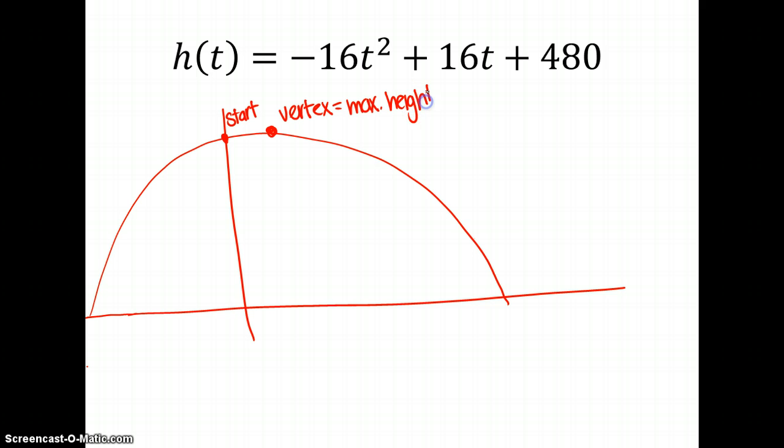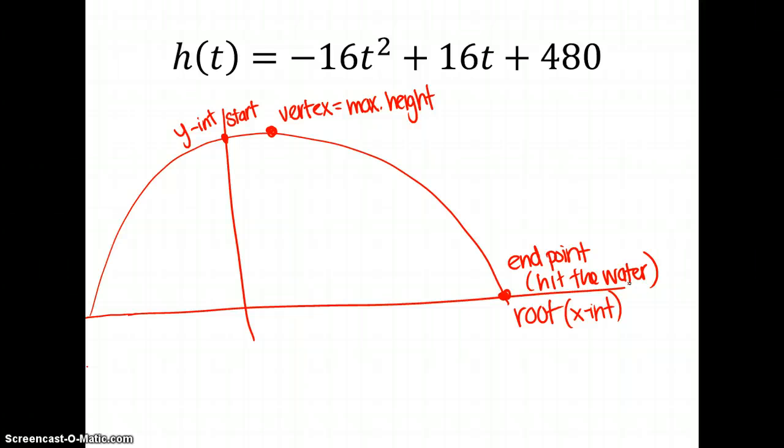And the end point, or in other words, hitting the water, is a root or an x-intercept. So that gives you a sketch to relate that parabola shape to an actual situation. We'll be talking about situations like this and others that can be modeled with quadratics tomorrow.